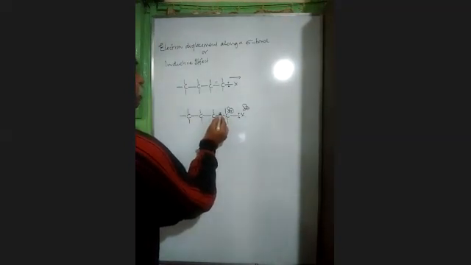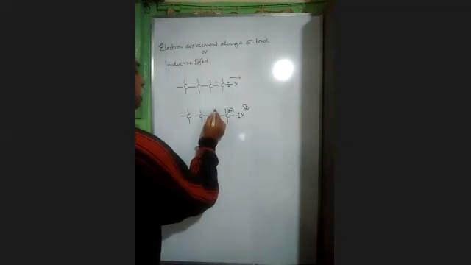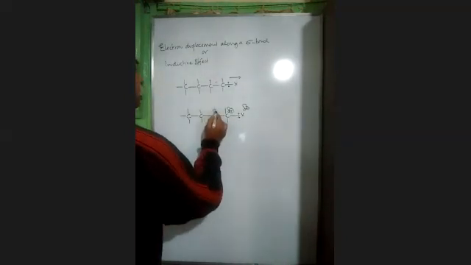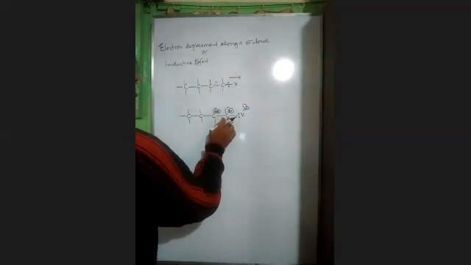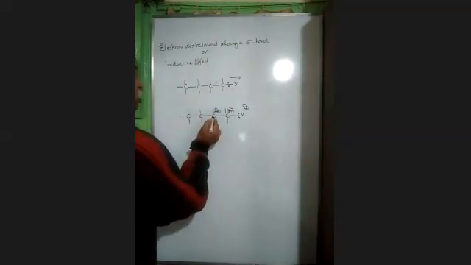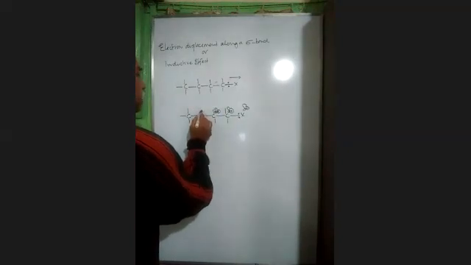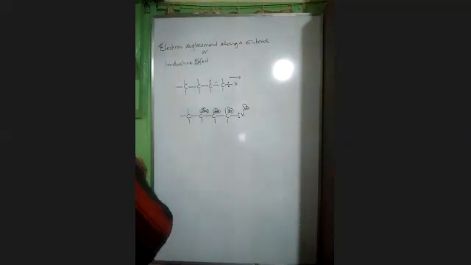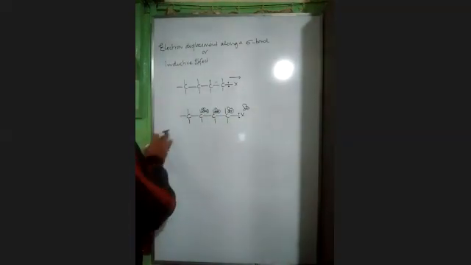When it displaces a little bit, then this carbon also becomes electron deficient. But here you will find the effect will be less than this. Then this also will try to pull electron from here. Okay, see now. But after that, the effect will be so less, it will not be felt.